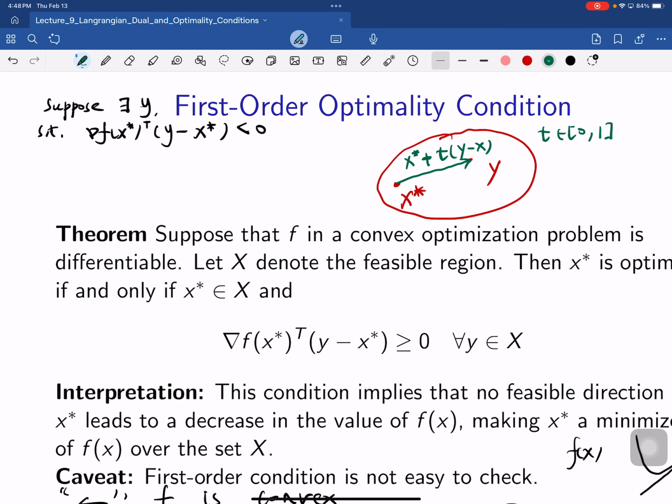If you draw this ray from x star to y, essentially you are moving from x star to y, and t moves from 0 to 1. So let's consider the function value on this curve.